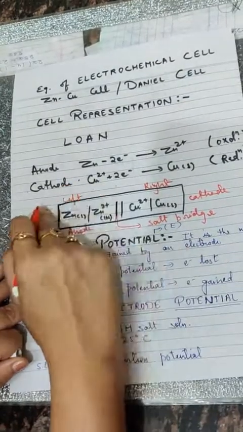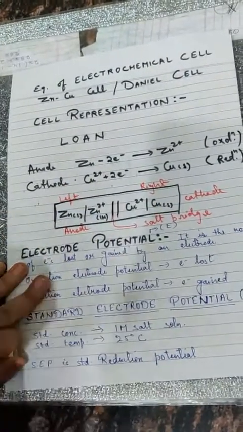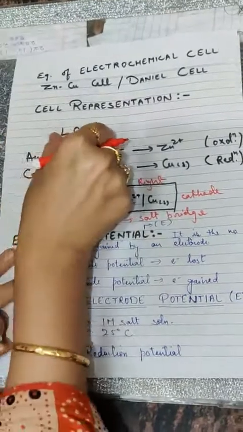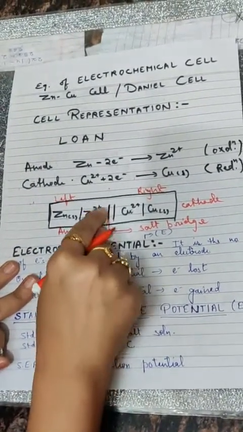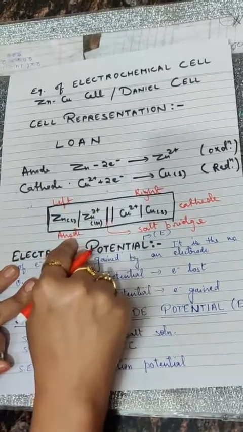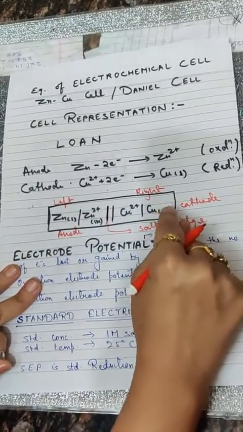So if a cell is given to you, with the help of this LONA method, you can very easily identify which part is behaving as anode and which part is behaving as cathode.